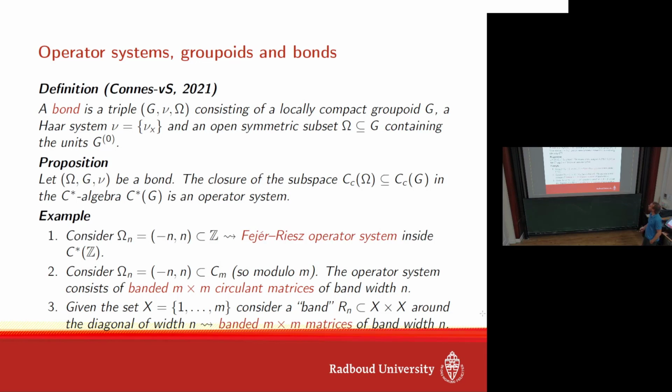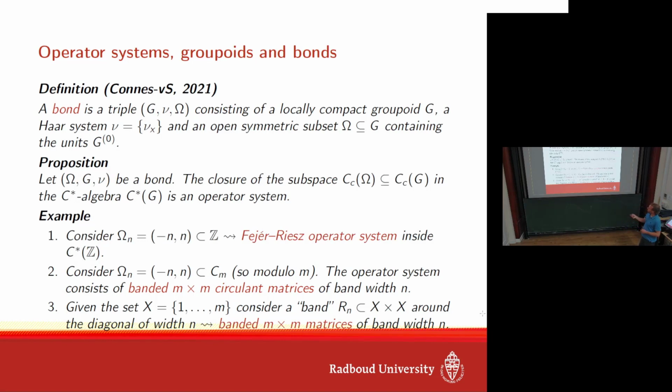So that's kind of an analog of a tolerance relation. And if you have such a situation, an omega in a G, then you can think about what happens in this construction of the groupoid C-star algebra by restricting to this omega. So the support of these integral kernels, which are compactly supported and continuous, is then actually an operator system. This is what we will be calling E of omega. So that's my operator system of interest.